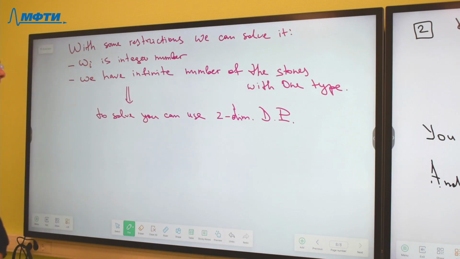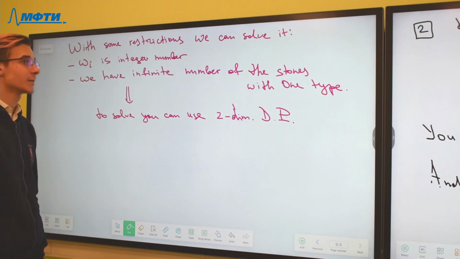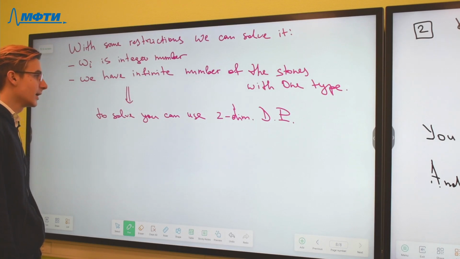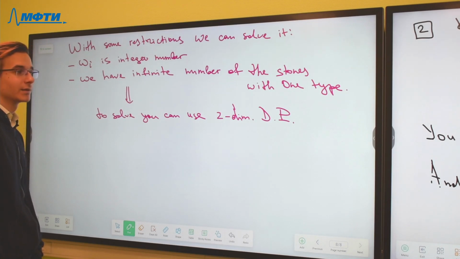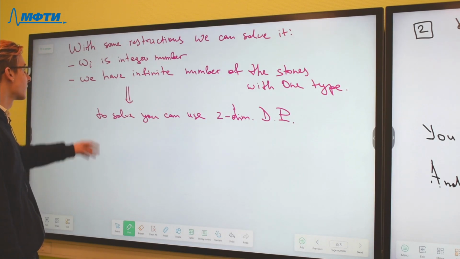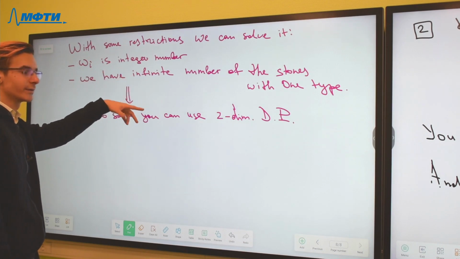As you see, in the common way, the knapsack problem is very hard to solve, and we don't know how to solve it with polynomial time. But with some restrictions, we can solve it with dynamic programming.